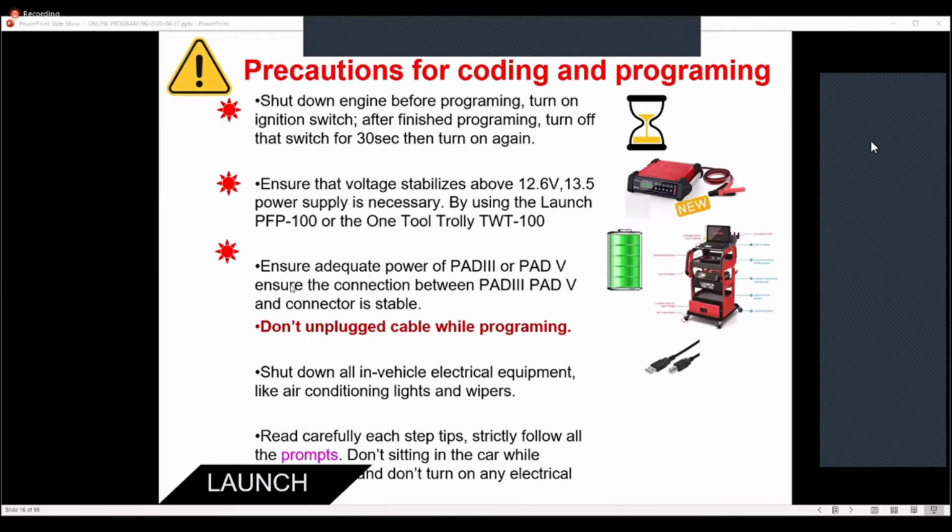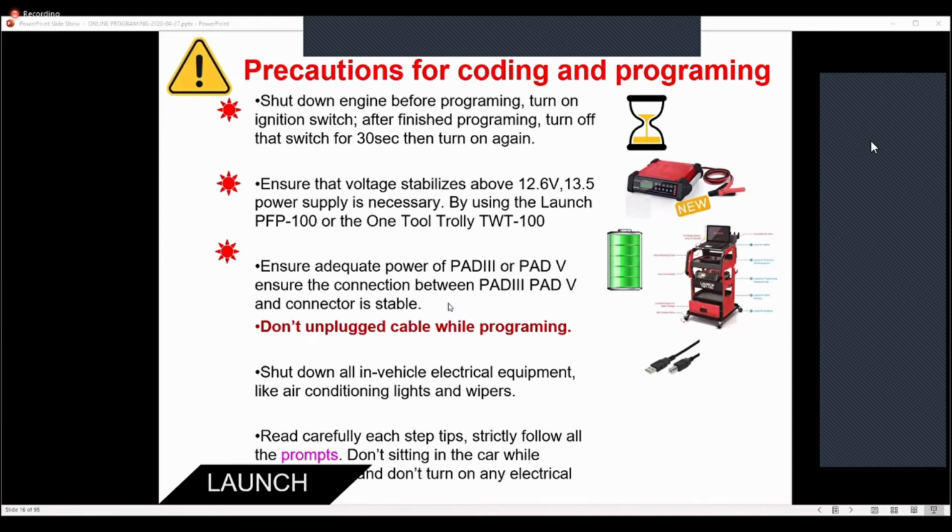You ensure that the scan tools are charged up and connected correctly. Now, connecting, we do not use Wi-Fi or Bluetooth. You make sure that you use a USB connection between the connector of the vehicle and the scan tool itself.